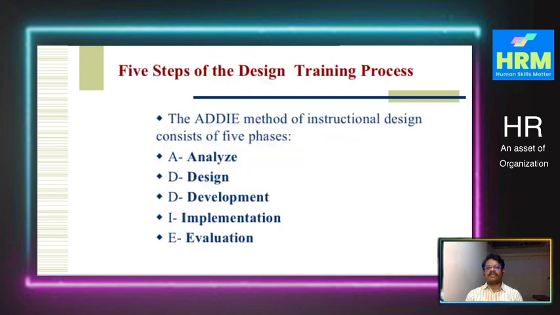As I was mentioning about the ADDIE method, these are the five steps of designing the training process. A stands for analyze, D stands for design, the second D stands for development, I stands for implementation, and E stands for evaluation.